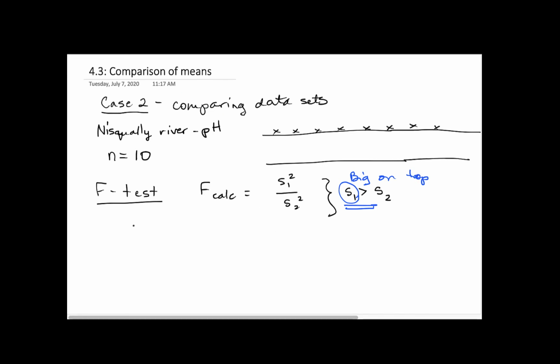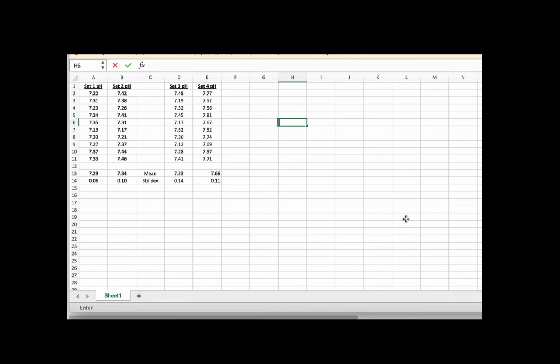So from the Excel example, for set 1 and set 2, our two standard deviations are 0.06 for set 1 and 0.10 for set 2.